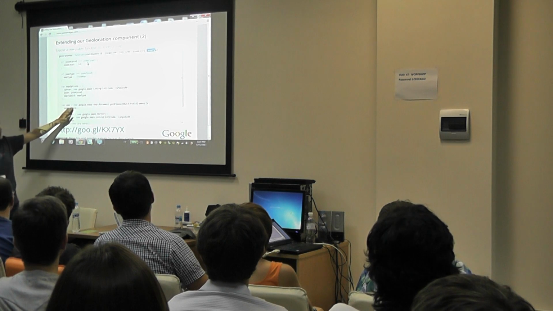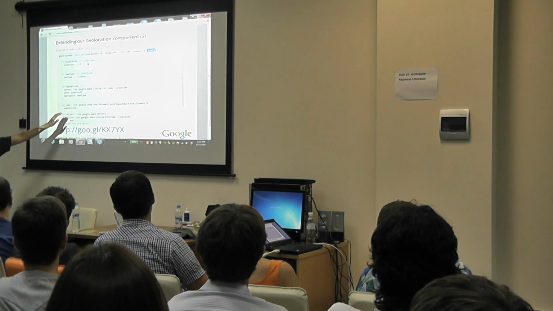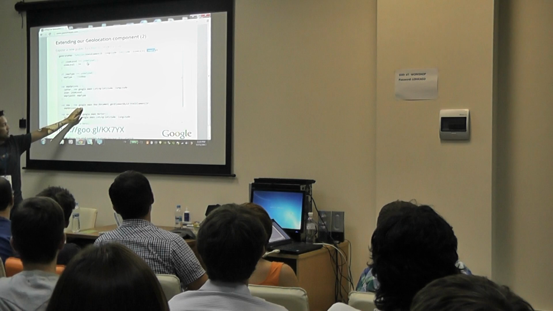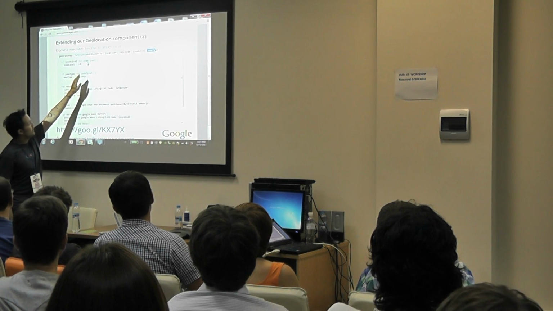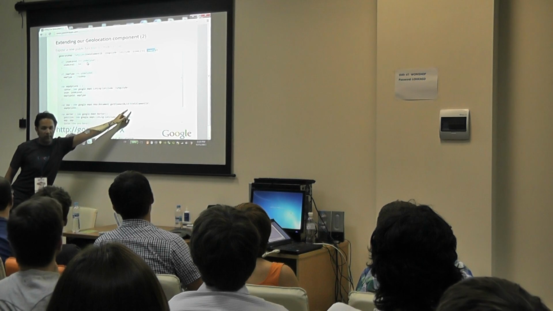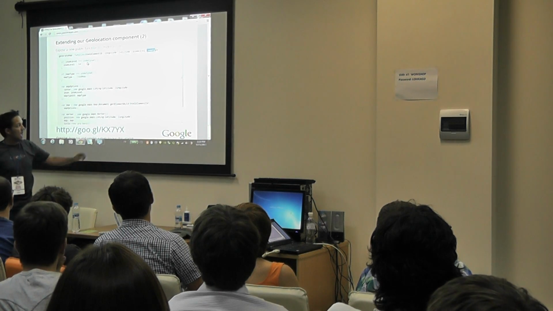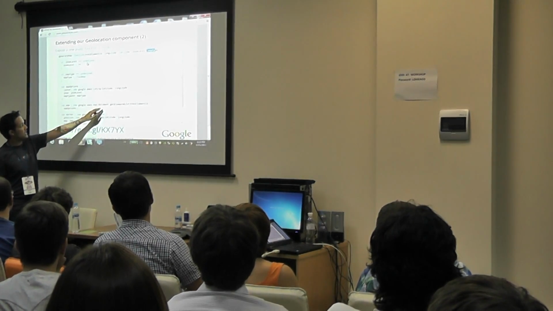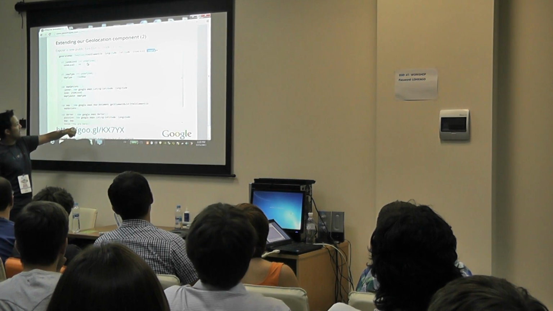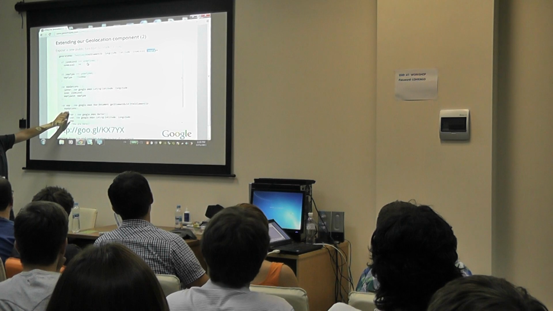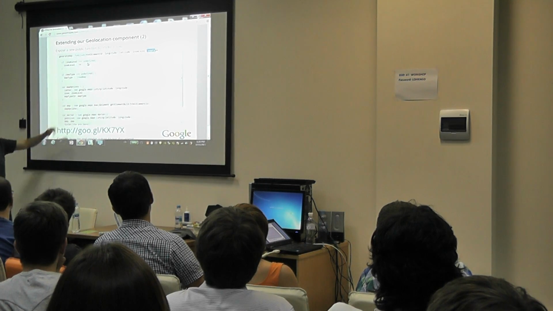Okay, and then this line is where the magic happens. Here we're going to create a new instance of a Google map, so new google.maps.Map, and here we're going to take the ID of the element we want to render it into, and get a reference to that element using the standard JavaScript getElementById. We're then going to also pass our map options, which we define here, as a second parameter.